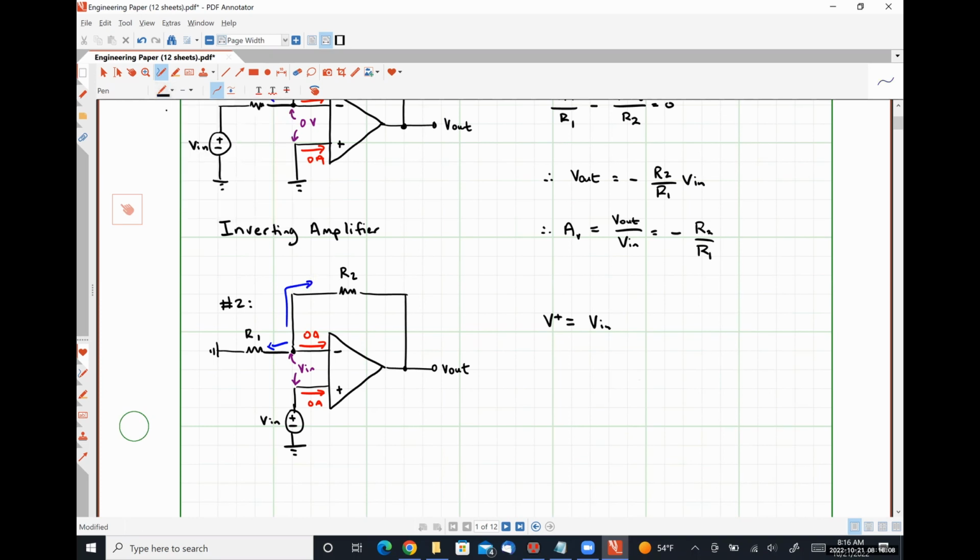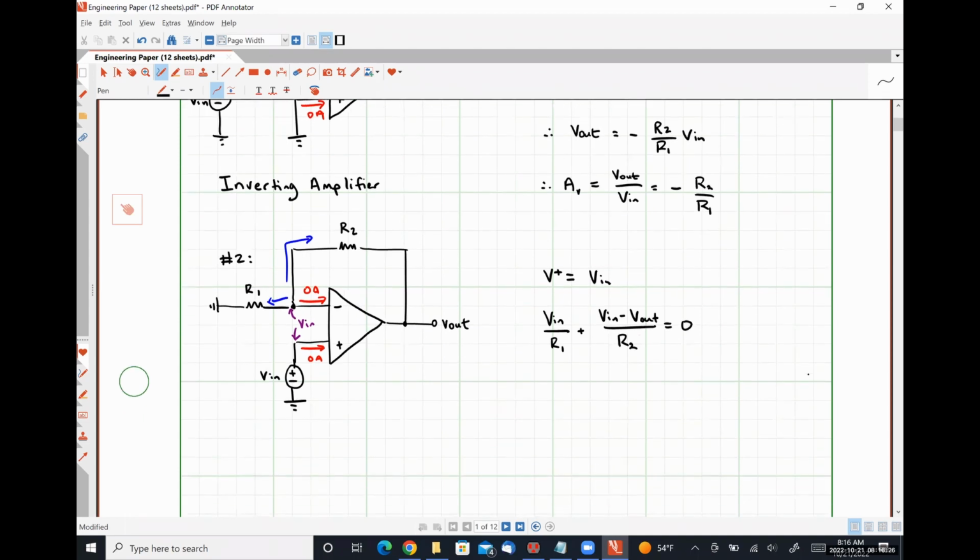So if I apply Kirchhoff's current law at the inverting input node, I will have V in divided by R1 plus V in minus V out divided by R2 is equal to 0.